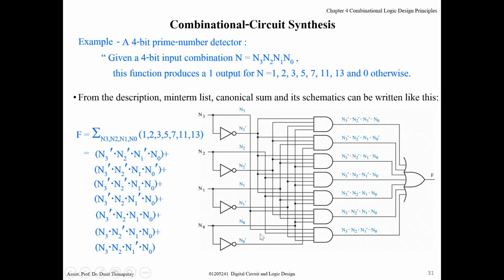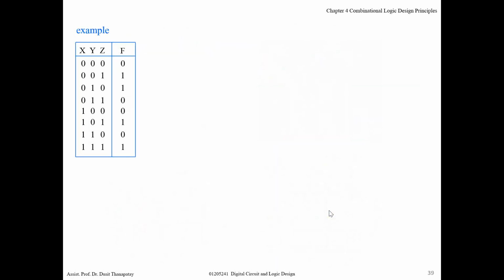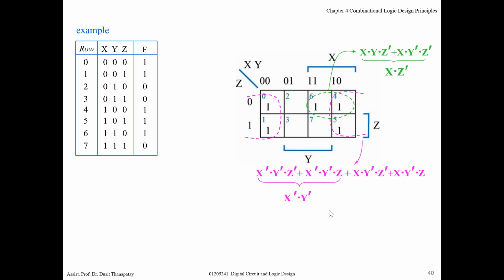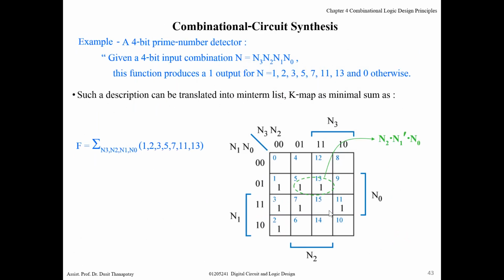If you implement the circuit based on this equation, you need a lot of logic gates, right? By the way, if I use Kmap to reduce the number of logic gates, the result will be something like this.